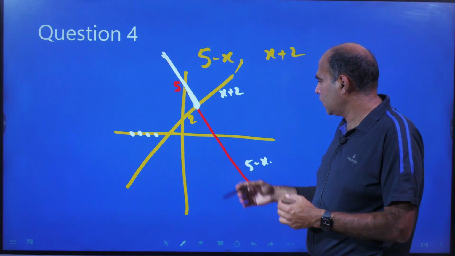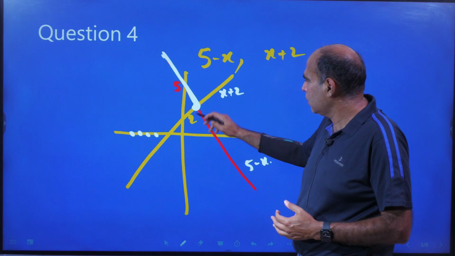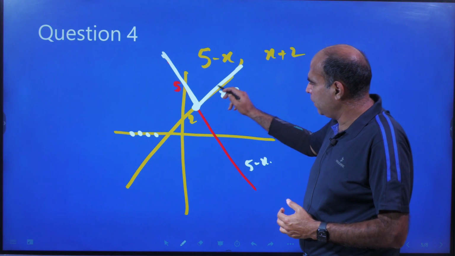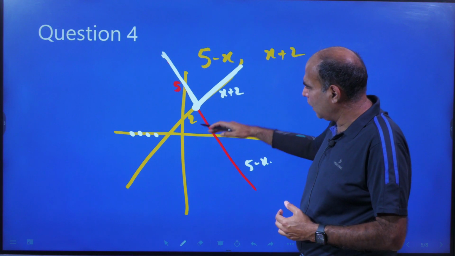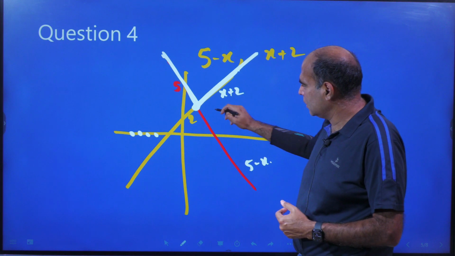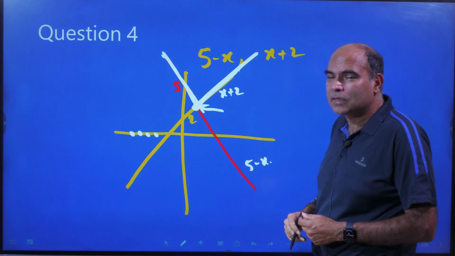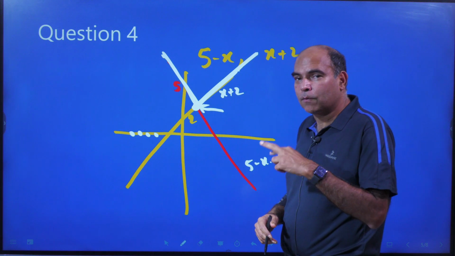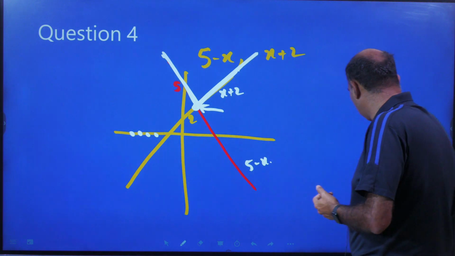And likewise, on the right side of this intersection point, the g(x) function will obey the yellow line, because between the red line and the yellow line, it is higher. So this intersection point actually represents the lowest value of the function g(x), and that's what the question is asking.